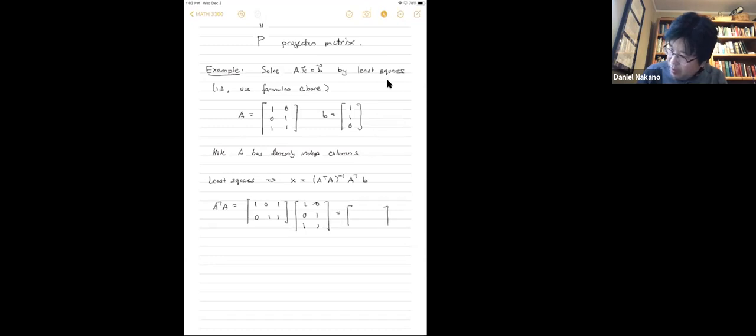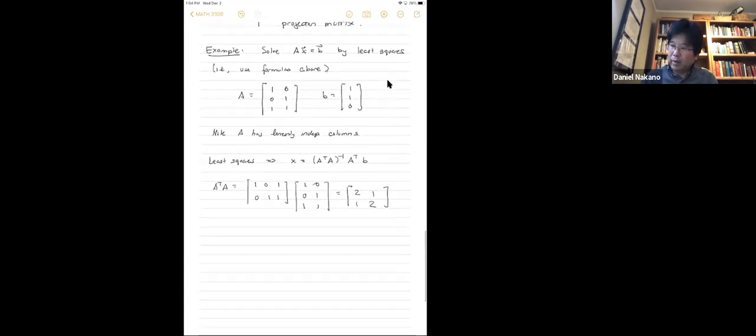We should get a 2-by-2 matrix at the end, right? So I take the first row of A transpose and dot it with the columns of A. So 1, 0, 1 dotted with 1, 0, 1 is 2. Then the next one I get is a 1, and then a 1, and then a 2. Okay, everyone all right with that?